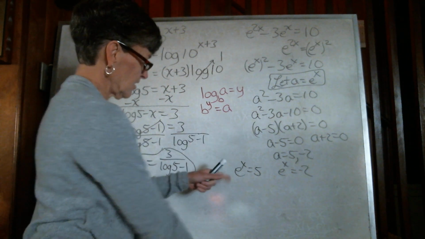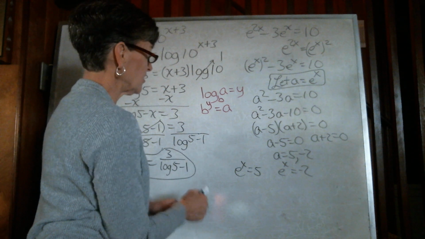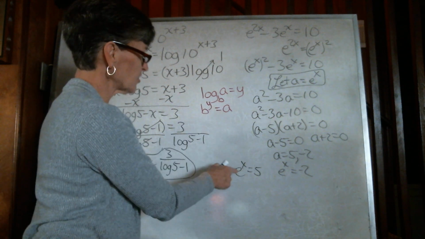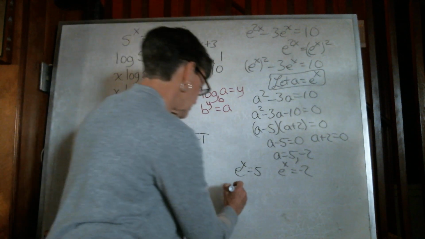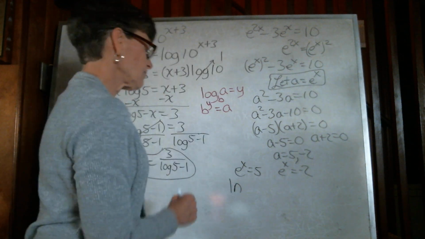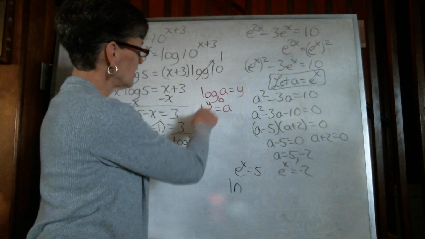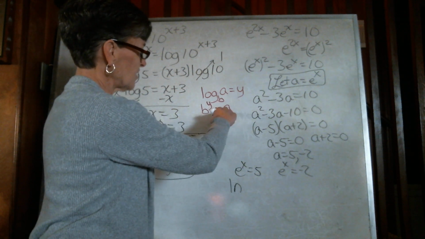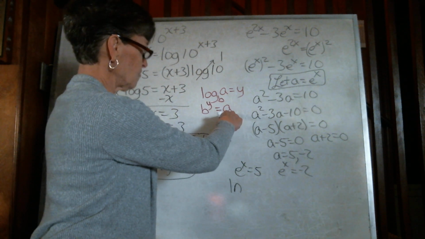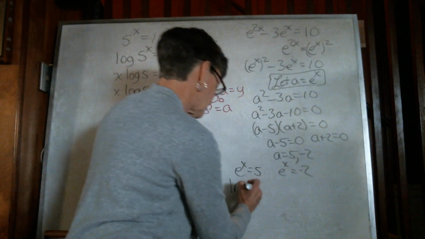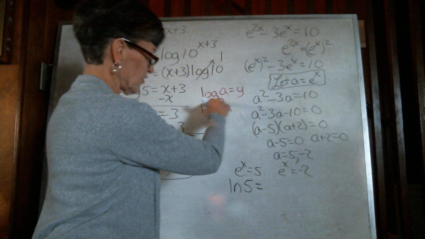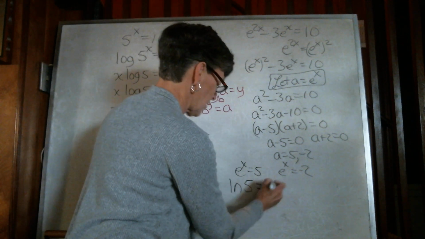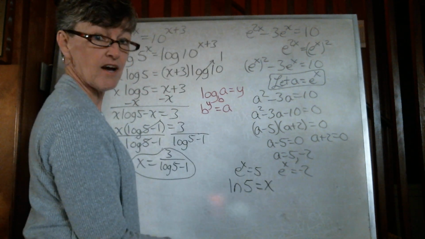Well, I can also write an exponential statement as a log. So that's what we're going to do. We're going to go backwards. So e is my base. Well, log to base e is really the natural log. So the natural log of, now what's on the other side of the exponent is a, the argument of my log. So 5 is the argument of my log. And then that equals my exponent. Y is my exponent. Well, here x is my exponent. So x equals natural log of 5.